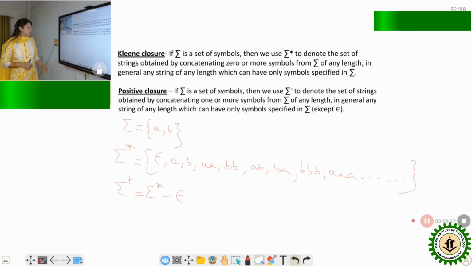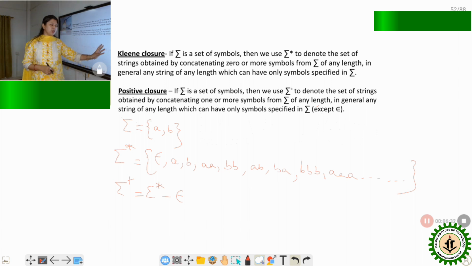So we are removing the null string from all possible combinations of sigma. That means it will contain A, B, AA, BB, AB, BA, all possible combinations of A and B, but it will not contain the null string. That is called the positive closure of sigma, sigma to the power plus.